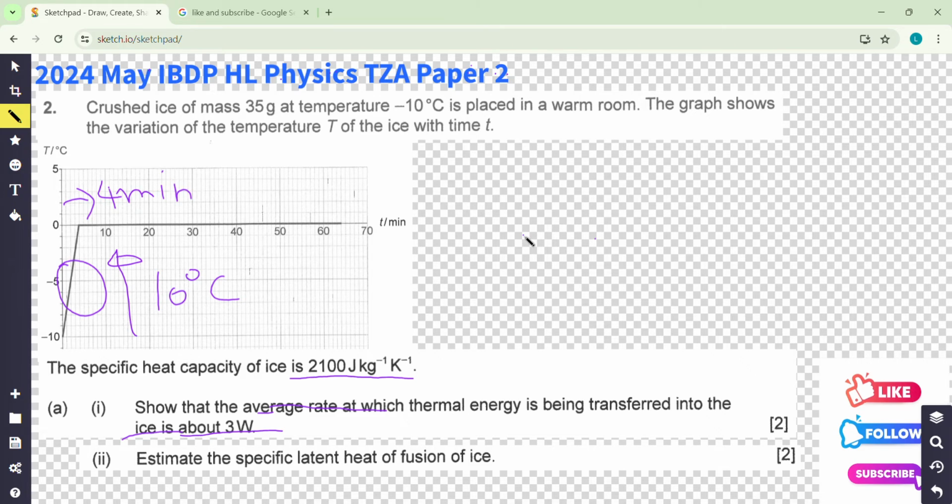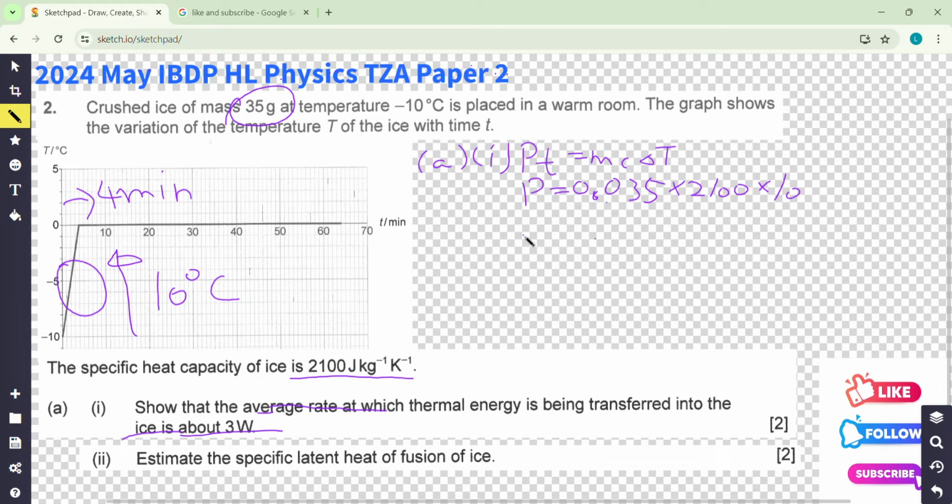So we have the equation, right? So A1 is, PT equals MC delta T. So the average power is M, 35 grams, so 0.035. C is 2100. Delta T is 10 degrees Celsius.